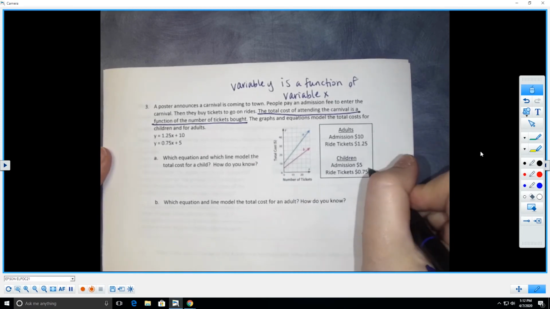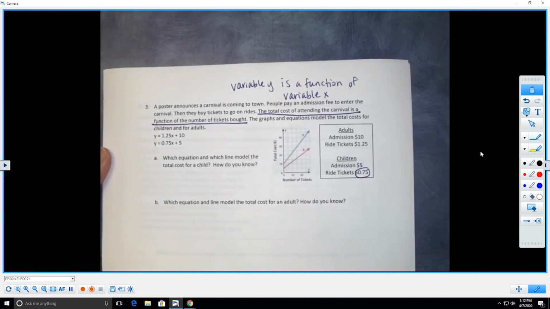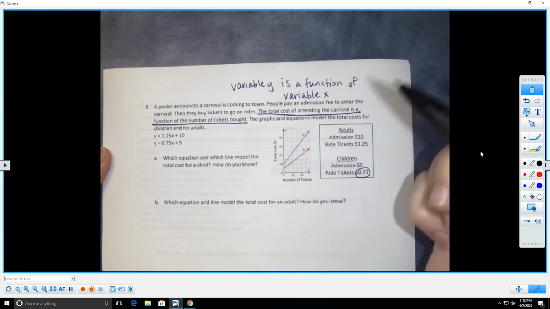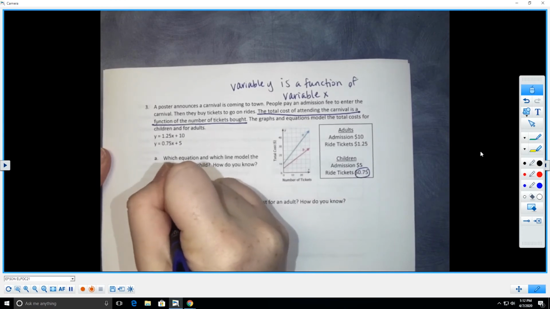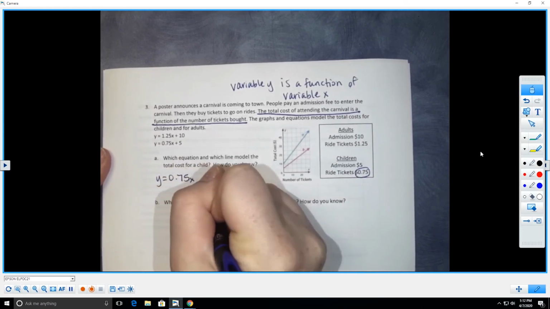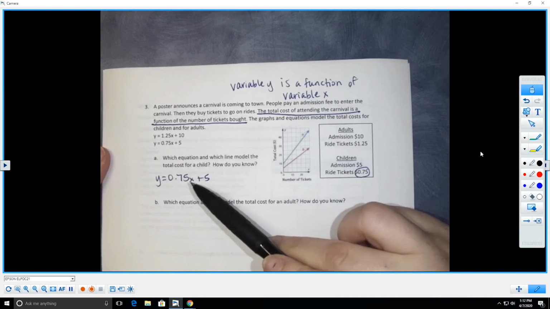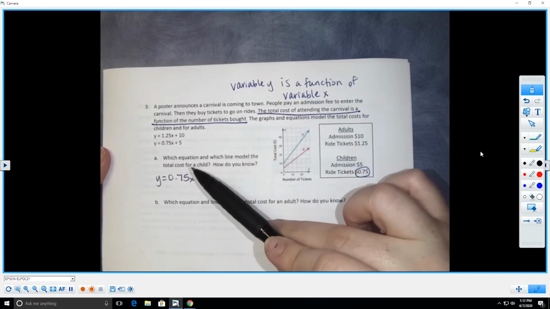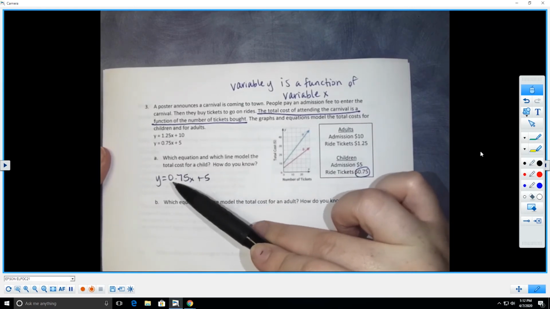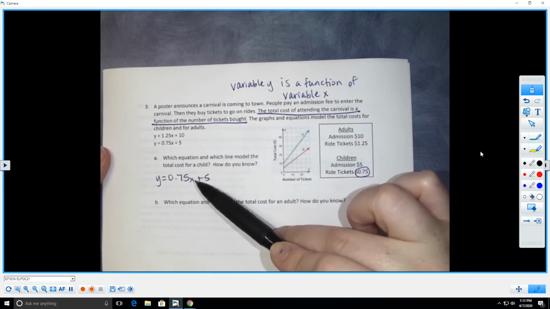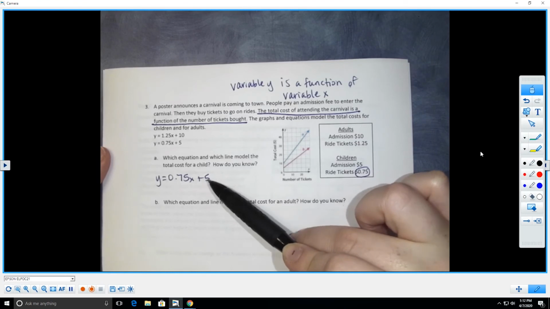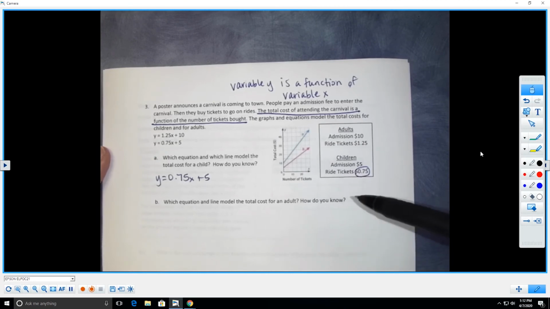They're charging 0.75. Okay, so I know that this equation, y equals 0.75x plus 5, is going to represent the total cost for a child. I'm going to multiply 75 cents times however many children's tickets I buy, and then I'm going to add on $5 to that because that's the initial cost for a child to enter the carnival.